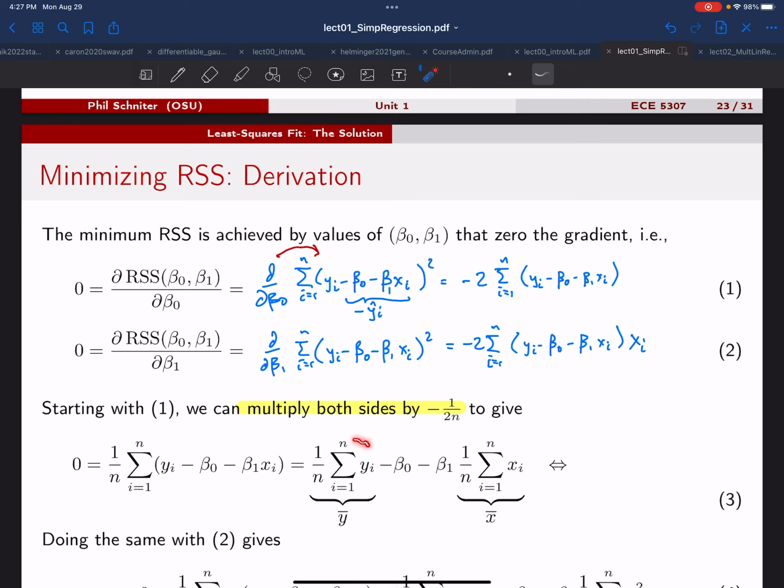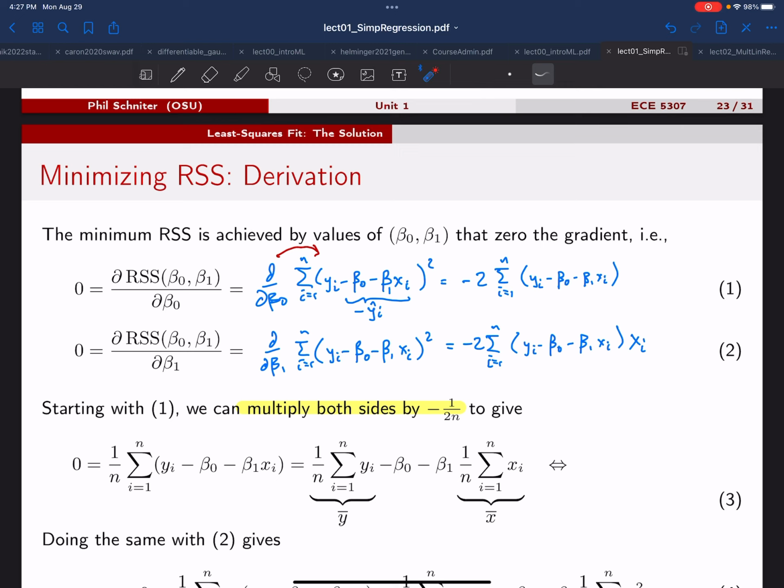So the first term, when I apply it to yi alone, we get this familiar quantity y bar. Second, what happens if I average minus beta 0 over i? Nothing. So I get minus beta 0. Third, I'm averaging this. So now the minus beta 1 comes out, and I have the average of xi, which we know as x bar. So we're almost done.